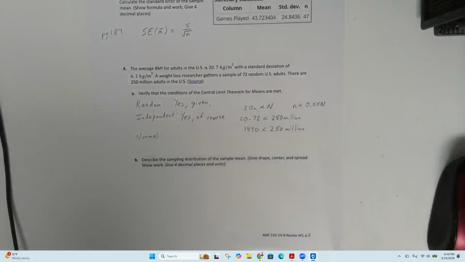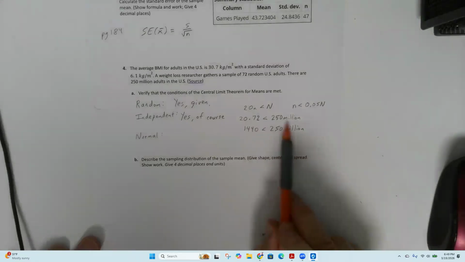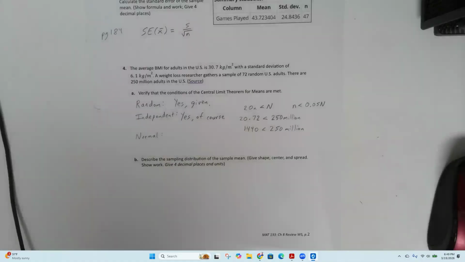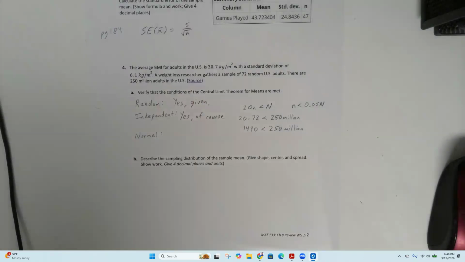Checking independent is usually pretty easy because your sample is going to be way smaller than 5% of the population. What is 5% of 250 million? It'd be 5 million.